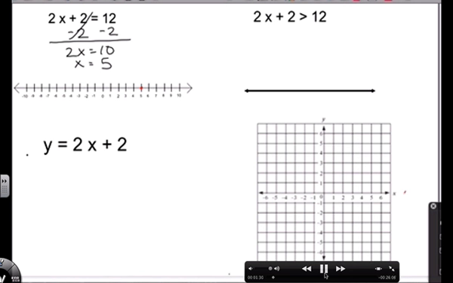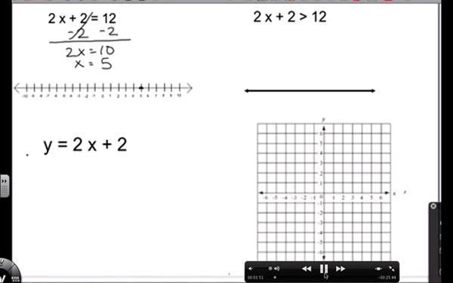Now, we didn't graph that, but if I had asked you to graph that solution, you would put a point on the number 5, correct? Is there any other number that we can substitute for x and make this a true statement? No. Only 5. That's why we have a point on the 5 on the number line.